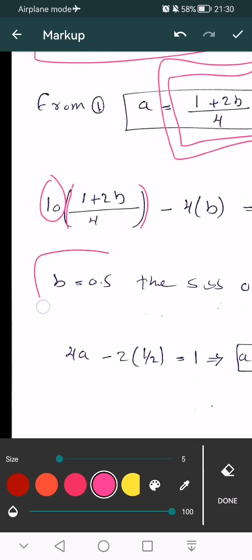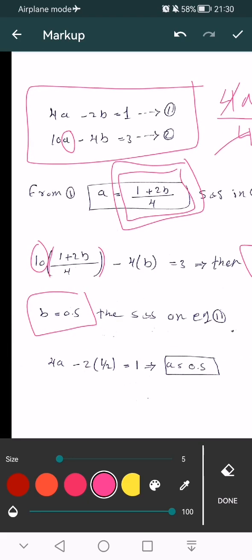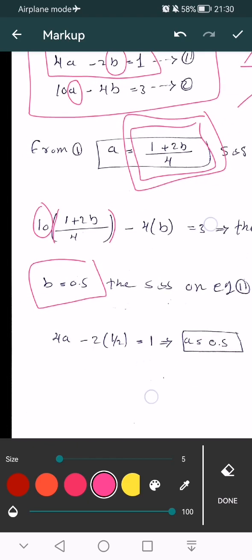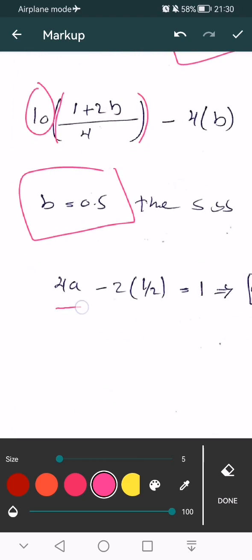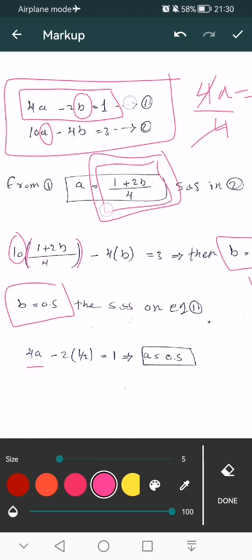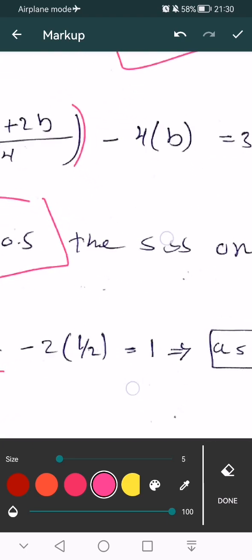Now I have the value of b. Can I find a? For sure you can use any equation as you like and substitute b. I like to use the first equation, 4a minus 2b, with b being a half, equal to 1.